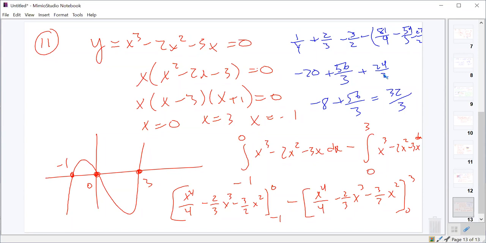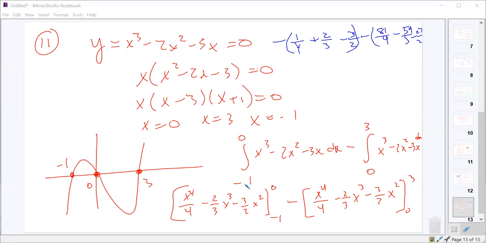Oh, I know where I made a mistake. These are all supposed to be negatives, because this is 0 minus all of this. Everybody see that? That's bad by me. And you go through here and do this.